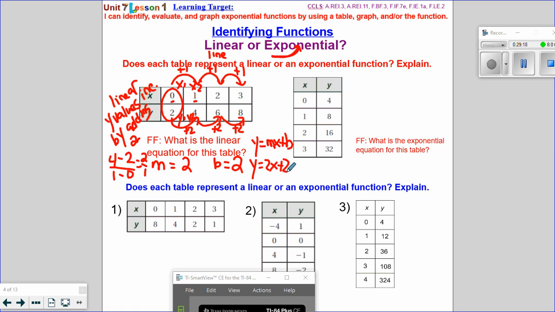All right, going to the next table, which is this one. Taking a look at the x's, they're increasing by 1. So if x is increasing by 1, you have to see what the y is doing.